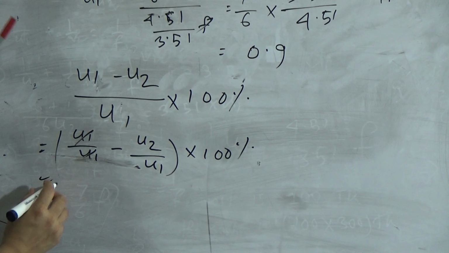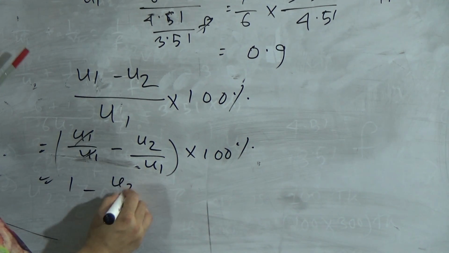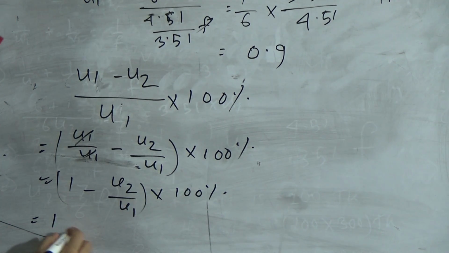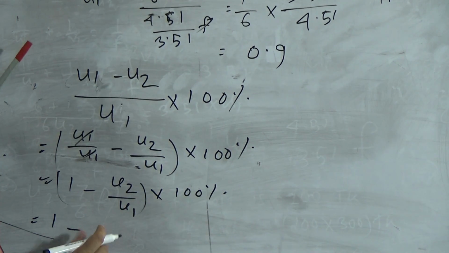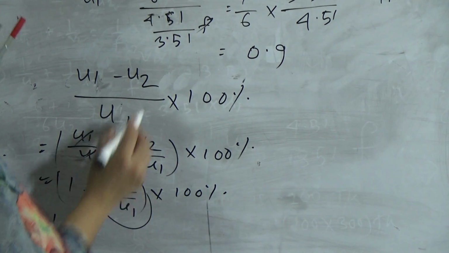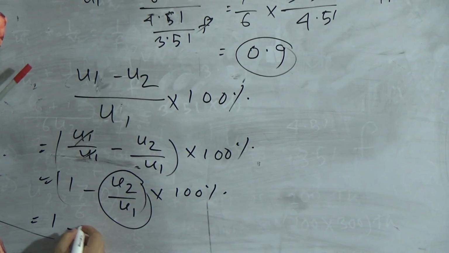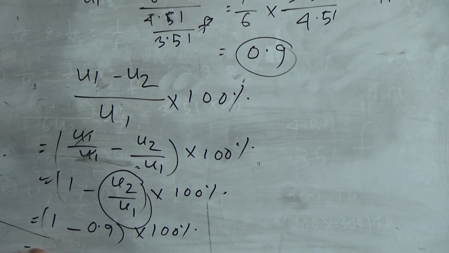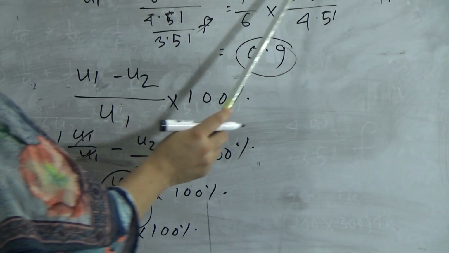So u1 cancels, and here it is 1 minus u2 divided by u1 into 100%. So 1 minus, now put the value of u2 divided by u1, which we know is 0.9. So 1 minus 0.9 into 100%, that means it will be 10%. And therefore in the second case the distance of the object was decreased by 10%.